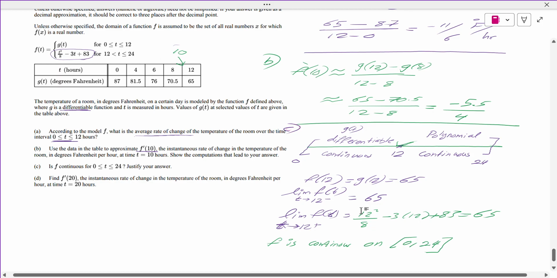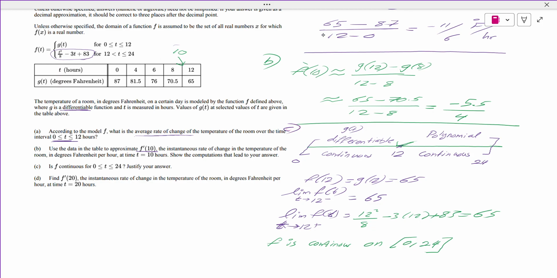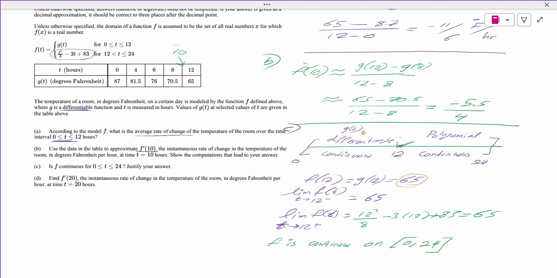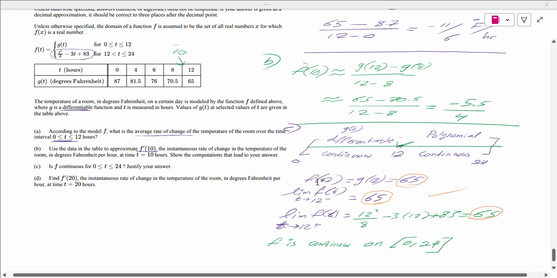And we confirmed the continuity at 12. We've got 65 here, we've got 65 here, we've got 65. So it is continuous at 12. That means it's continuous from 0 to 24. So please, in the exam, mention these key words, because when we correct the exam, we look for these words: differentiable, polynomial. You've got to mention all of that, the explanation we just did.